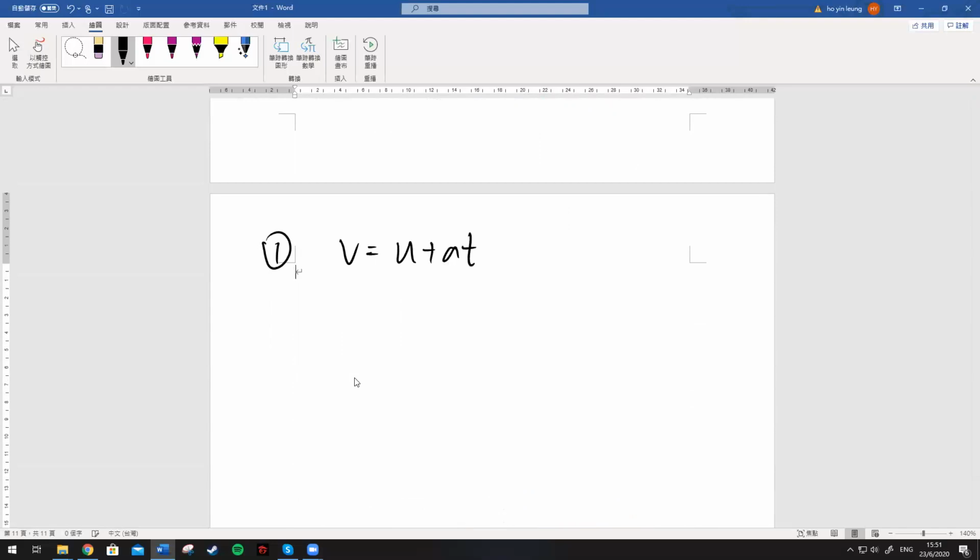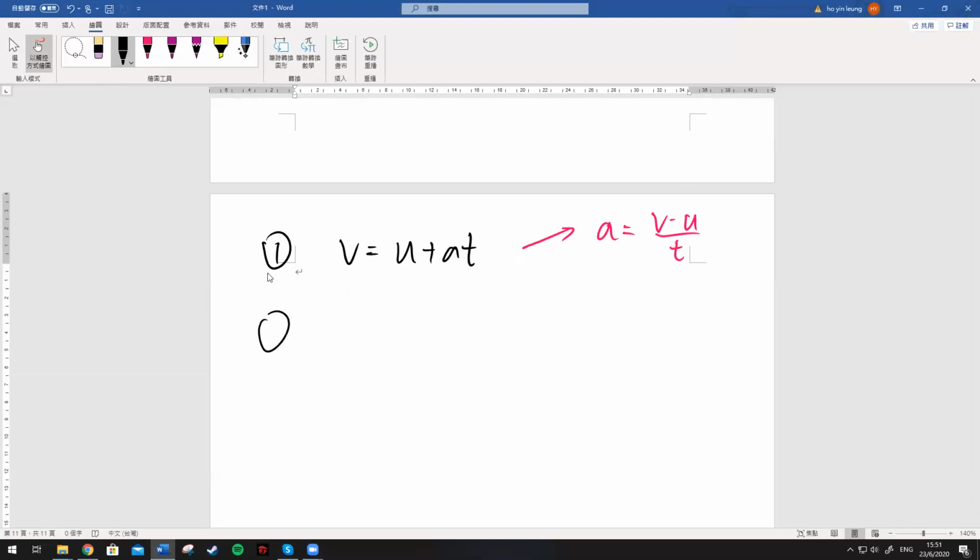Where does it come from? It comes from the fact that A is (V minus U) over T. So you just rearrange this equation to get this one. Is it okay? Okay, all right.